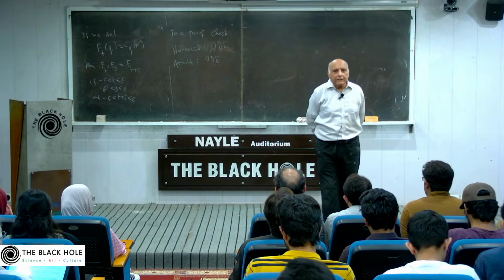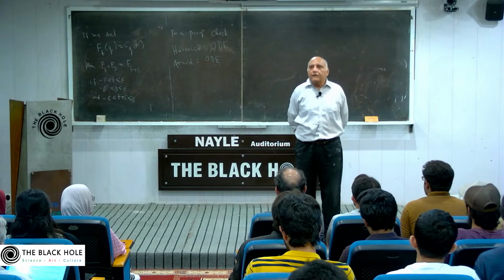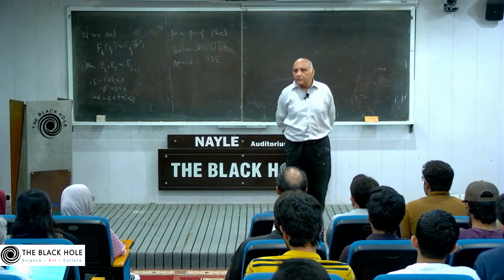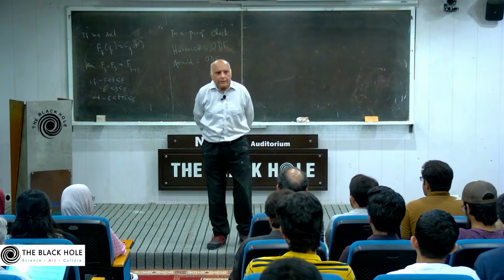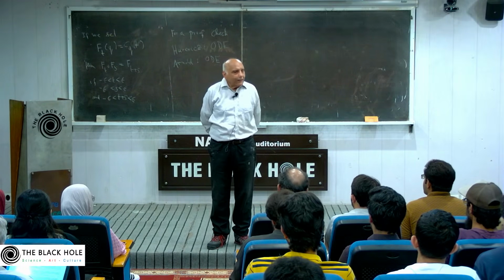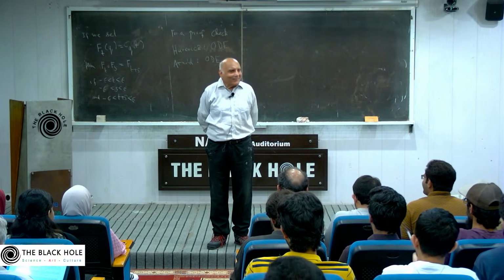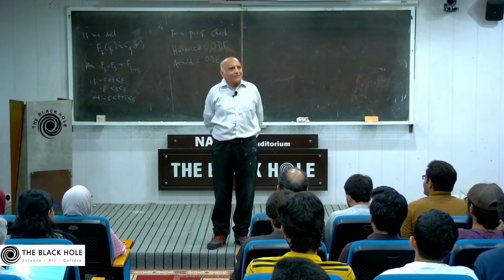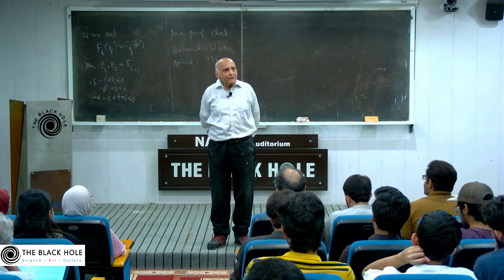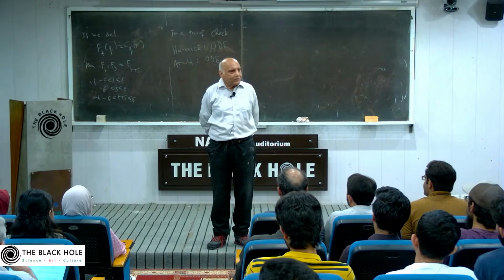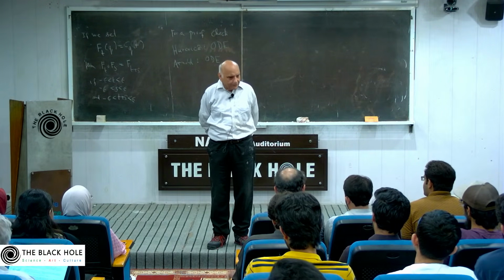And do you know what the gradient of a function f is? If I give you a function of two variables, f(x,y), what's the gradient of f? You look at the vector whose components are partial f by partial x and partial f by partial y.